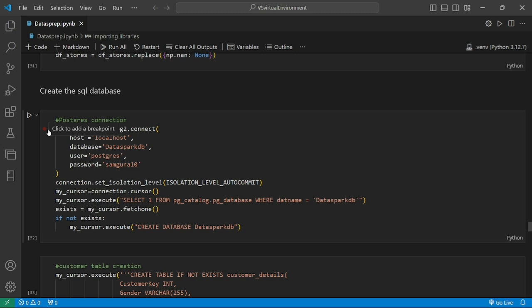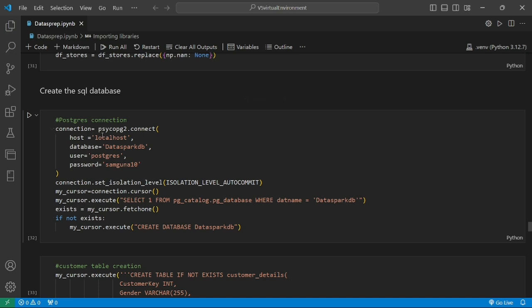Power BI is a visualization software, and we need SQL to get the data into Power BI. We are going to get the data from SQL to Power BI, so we need to load the data into SQL. So we are connecting Python and SQL.